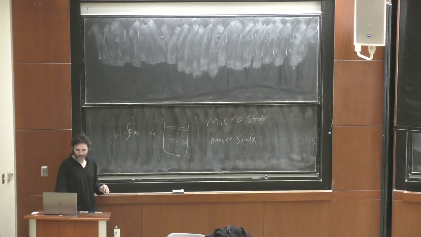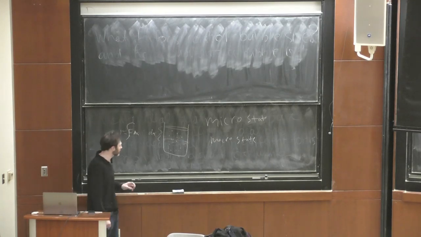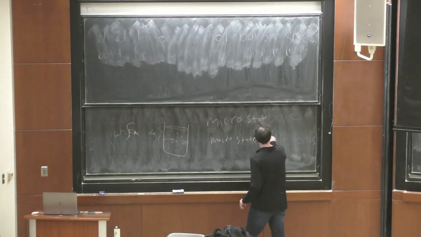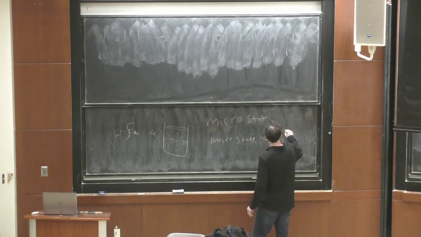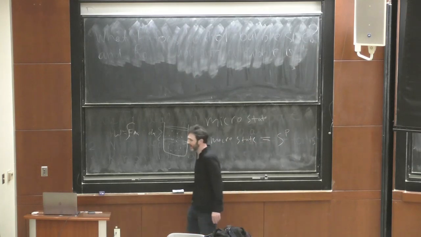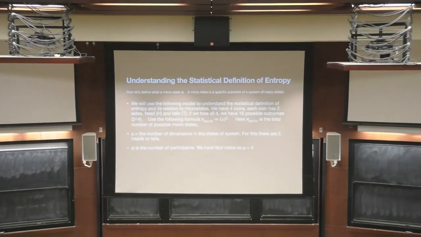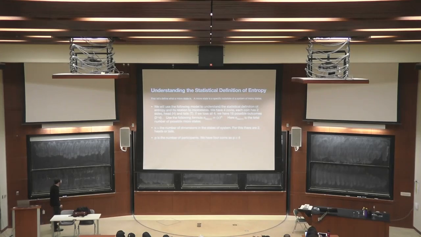So we can use this formula: the number of microstates is equal to S to the power of P. And for our little system here, we had 2 possible states to the power of the participants, which is 4. So we have 16 total microstates.